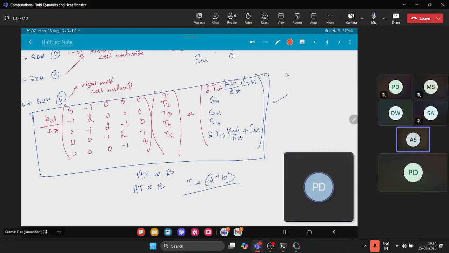Another thing you have also noticed is what is the order of this matrix? This is basically 5 cross 5. So 5 is basically the number of control volumes in my domain.